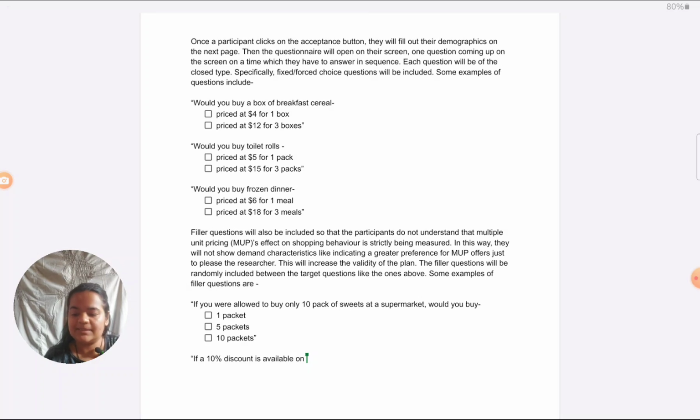So if a 10% discount is available on paper rolls, which you do not need, would you buy them, not buy them? And finally, one more. As such, there's no fixed number of filler questions you need to give, but I just give 3.